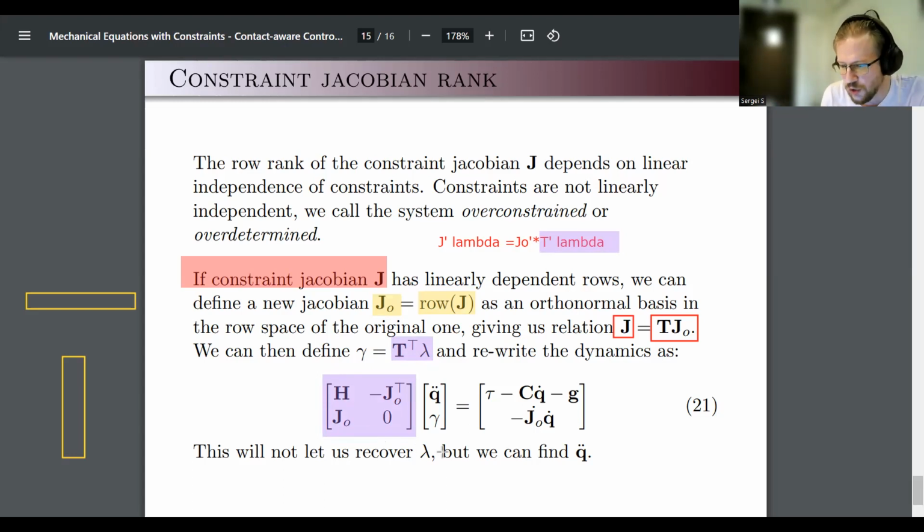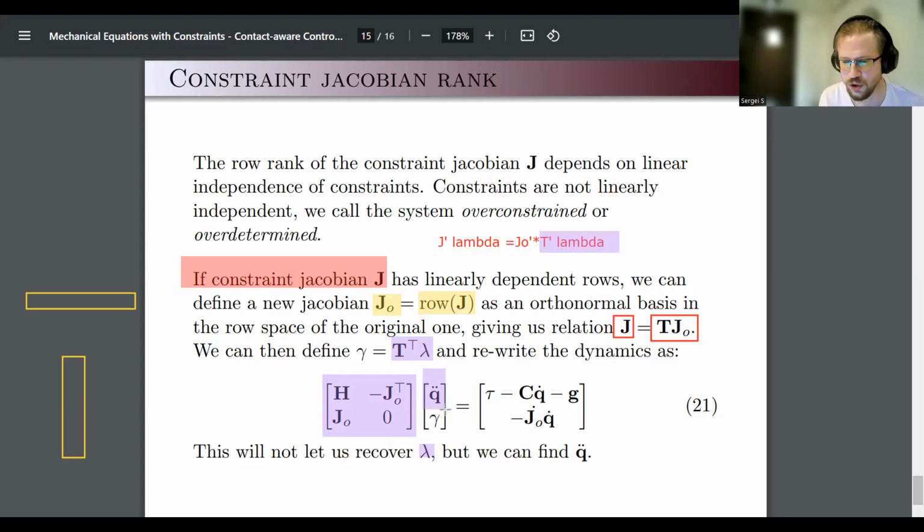With this, we couldn't find the values of lambda. So the values of actual reaction forces would be lost to us. We don't know what's there. But we usually don't care. We usually are interested in tau or in q double dot, and that we can find. So there is this trade-off.